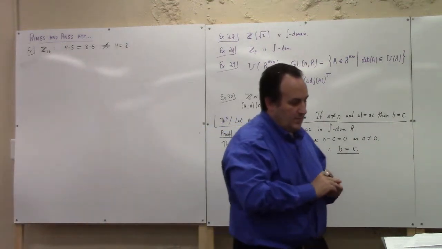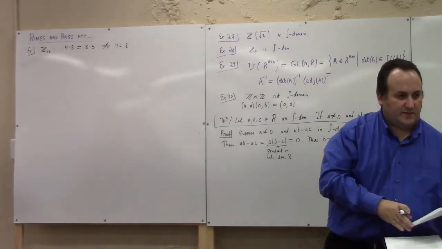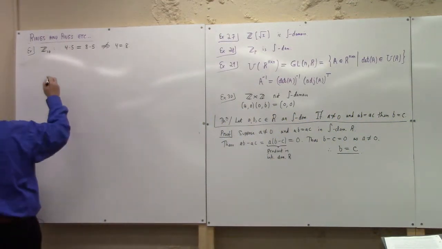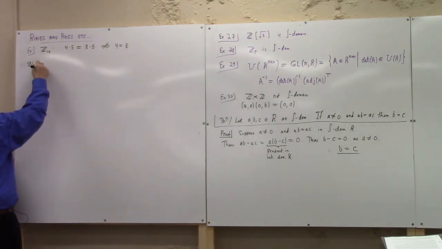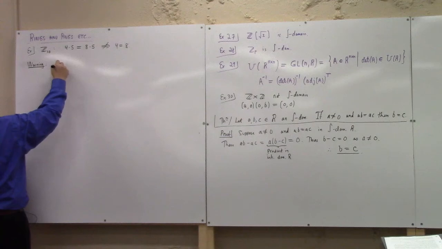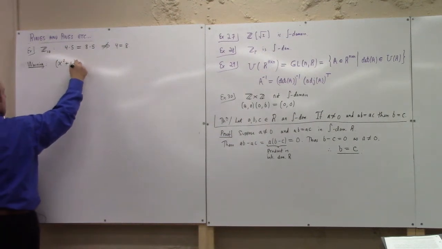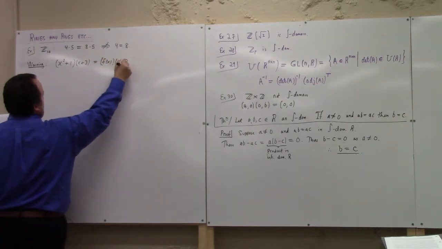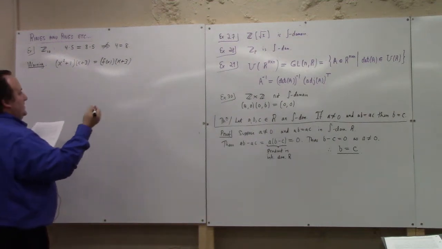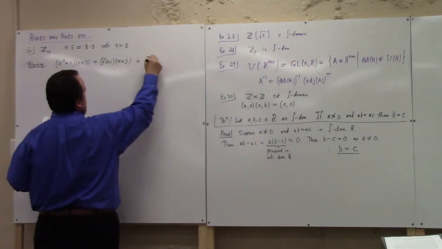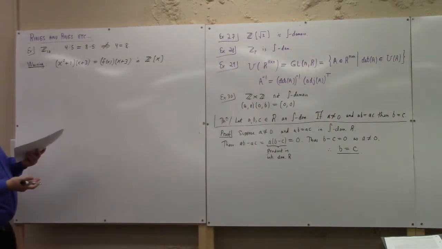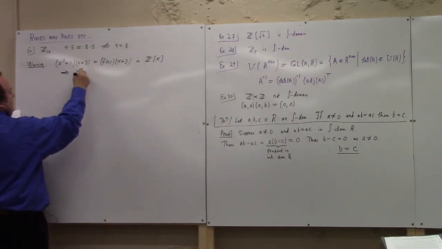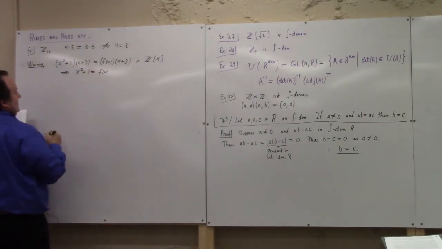All right? But does the cancellation property mean that there's an inverse? Like, warning, be careful, right? If you have something like (x squared plus 1) times (x plus 3) equals f of x times (x plus 3), in let's say Z[x], then because Z[x] is an integral domain, that does imply that x squared plus 1 is equal to f of x, right?